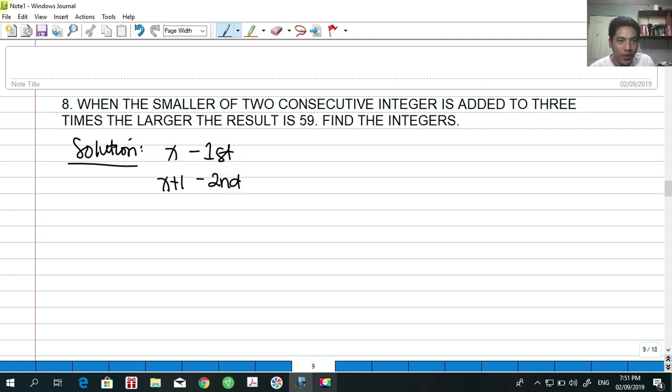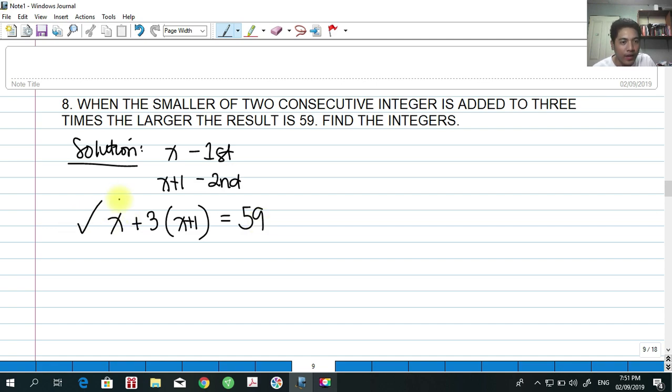So when the smaller of two consecutive integers, the smaller is actually x, is added to 3 times the larger integer, the result is 59, and that's denoted by equals 59.